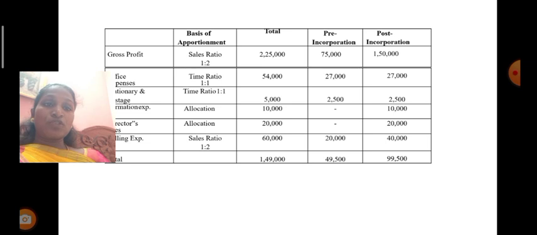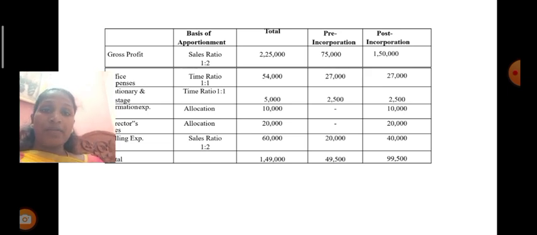So gross profit minus the total expenses, and we can easily find out the profit prior to incorporation and the profit for the post incorporation. So the answer is 49,500 for the pre-incorporation period and 99,500 for the post incorporation period.